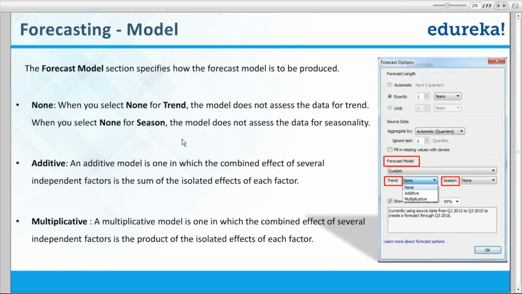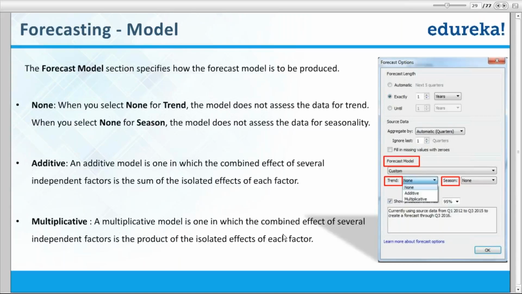And this is what I told you about the model. With forecast none, the model does not assess the data for trend and does not select any seasonality. The additive model is one where the combined effect of several independent factors is their sum, so it takes the trend and sums it across all periods. Multiplicative is one where the combined effect of several independent factors is the product of isolated effects.